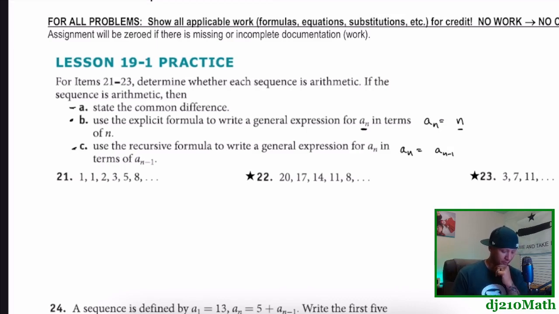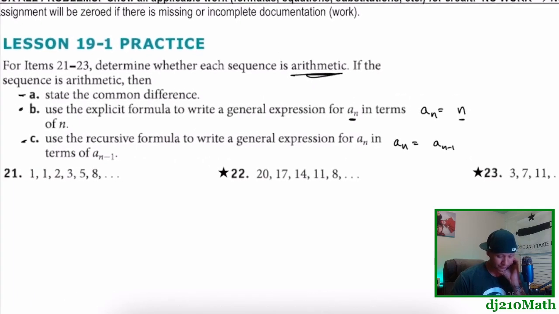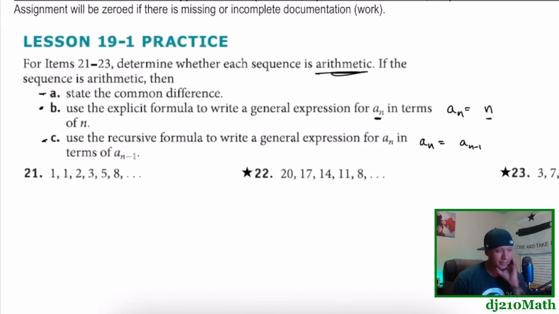So let's just see. If we look at 21, the sequence is 1, 1, 2, 3, 5, 8. The question is, is it arithmetic? Is there a common difference from one term to the next?